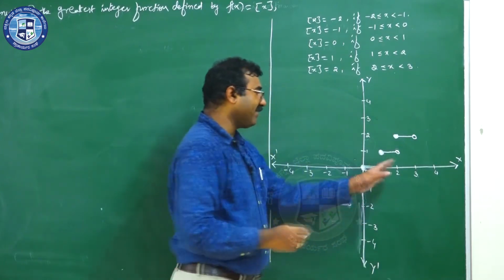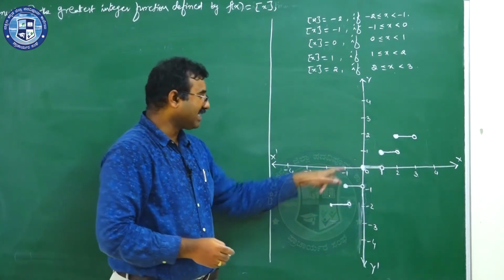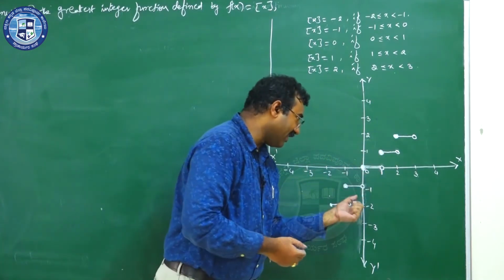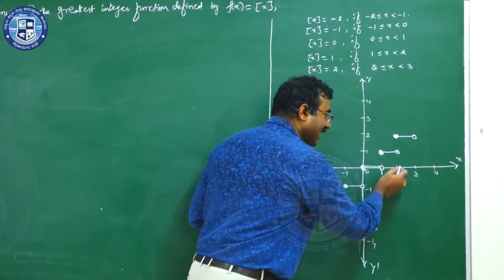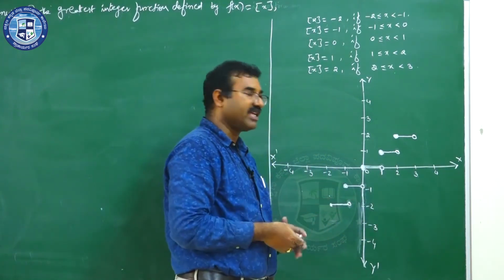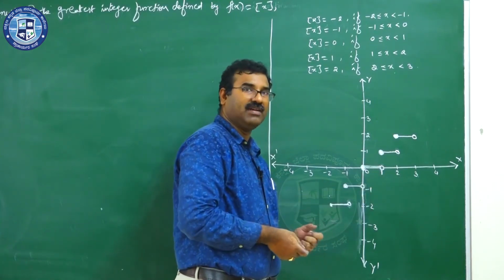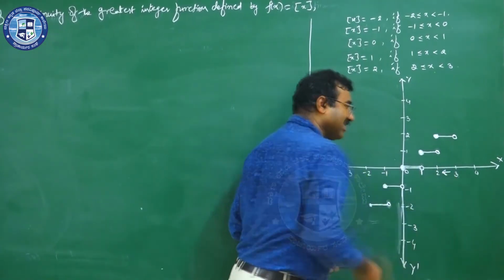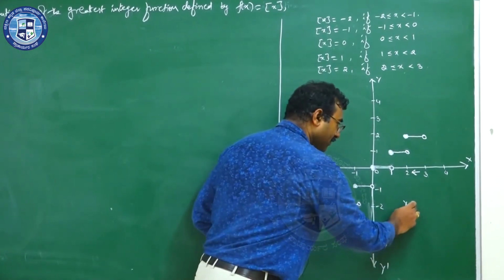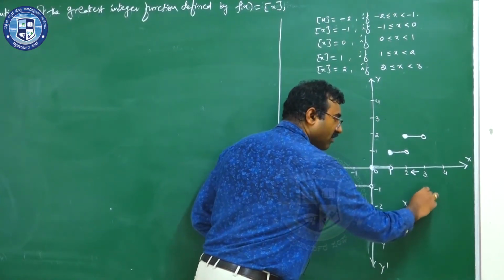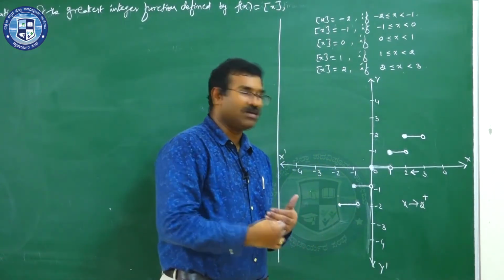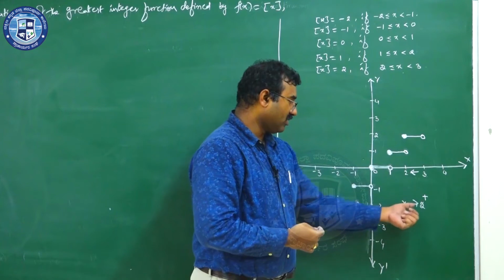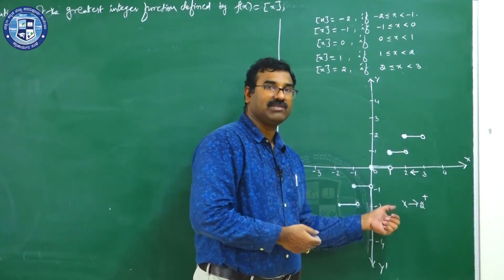See that it is called a step function because of its graph. It's like steps. That's why we call it a step function. So what do you observe here? Suppose x is coming close to 2. I am just explaining it by taking one example. When x is coming close to 2 from the right side, the x values are more than 2.